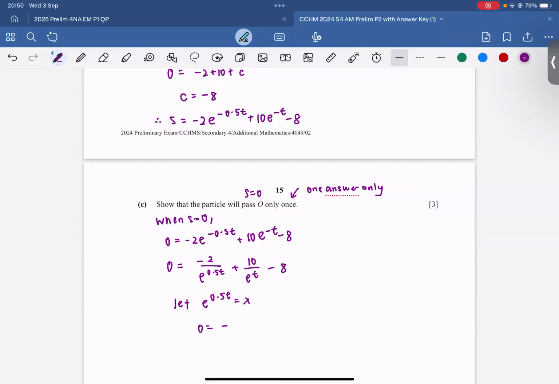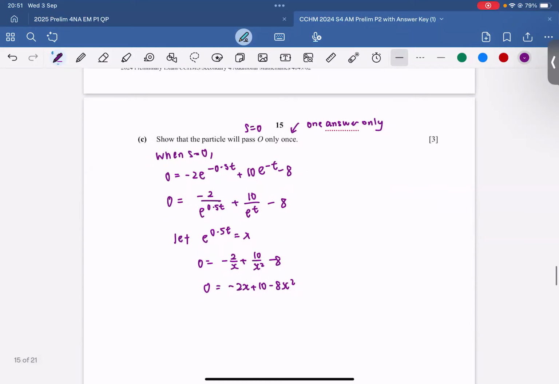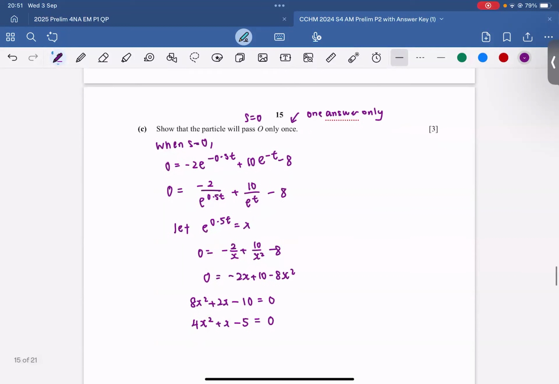So this is just -2/x plus 10/x squared minus 8 times x squared throughout. Make the x squared positive. Divide by 2. Now we can factorize.